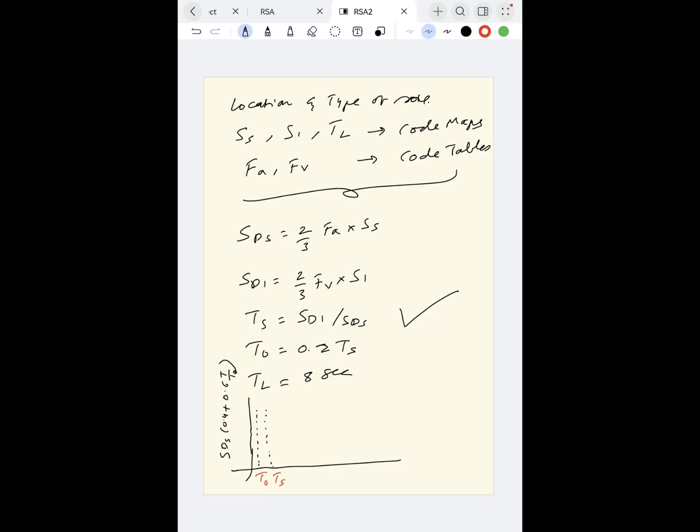This is this value, and your graph will look like this.